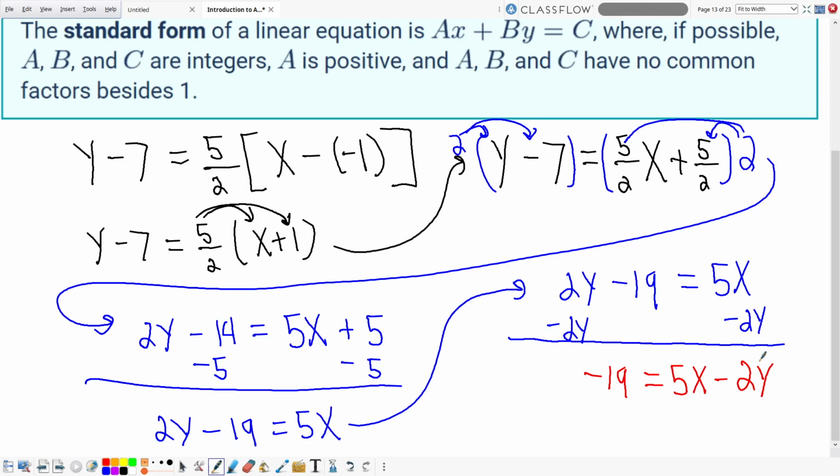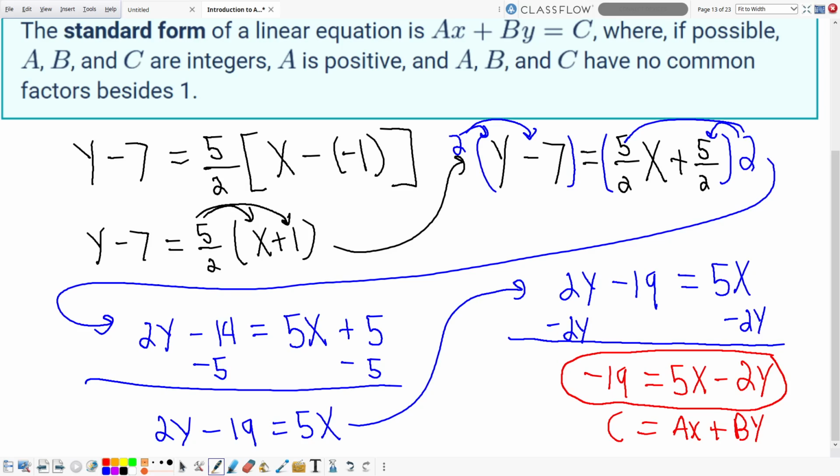And that right there in red is our standard form. This is our ax plus by is equal to c, where a is our positive integer. So this would be our answer in standard form to that original problem.